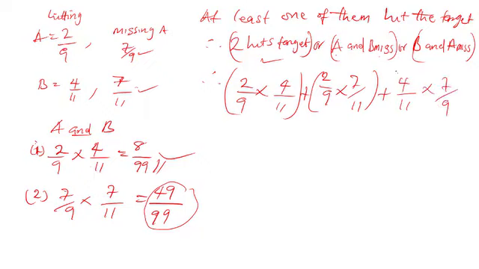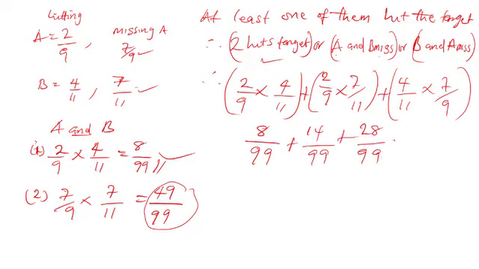Now this is our probability. 2 times 4 is 8 over 99, plus 2 times 7 is 14 over 99, plus 4 times 7 is 28 over 99. Taking their LCM, 99, 8 plus 14 gives you 22. 22 plus 28 is 50. So the probability of at least one of them hitting the target is 50 over 99.